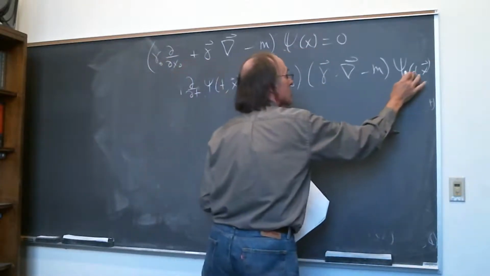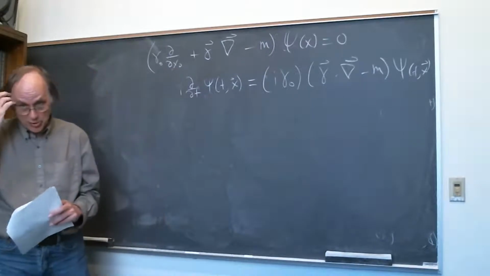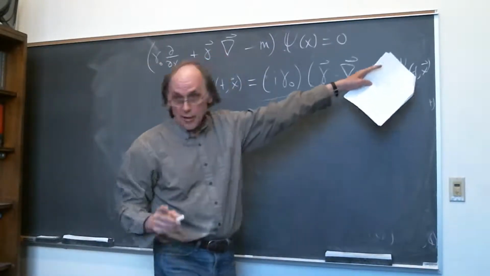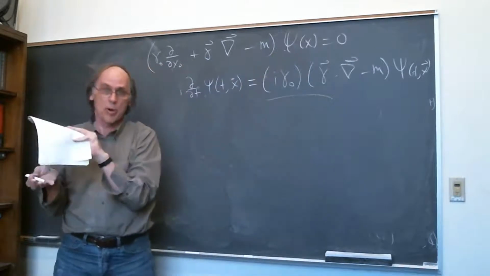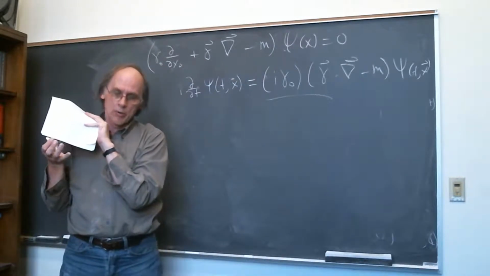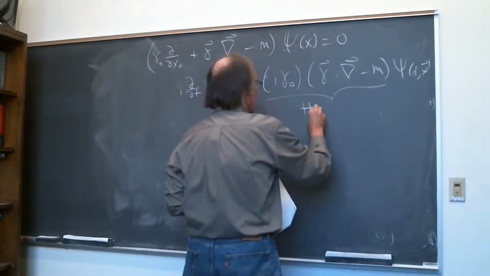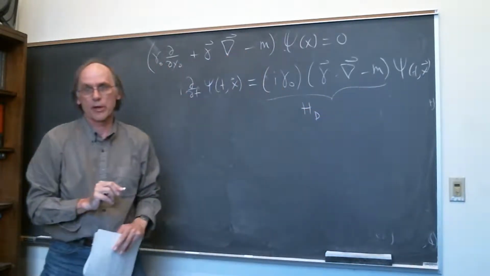So in some sense you have something like a Schrodinger equation, but now on 4-component wave functions, where this operator is what I'll call the Dirac Hamiltonian operator.